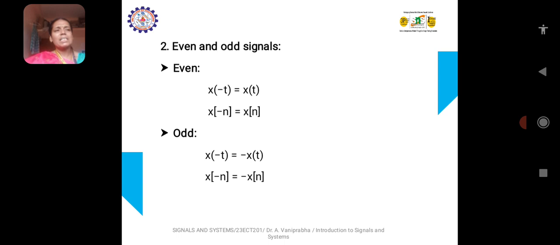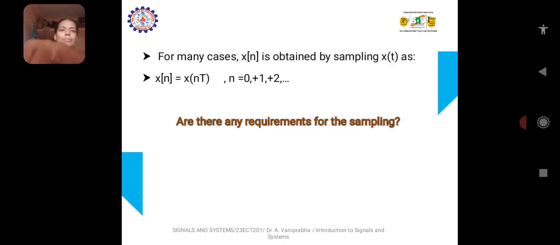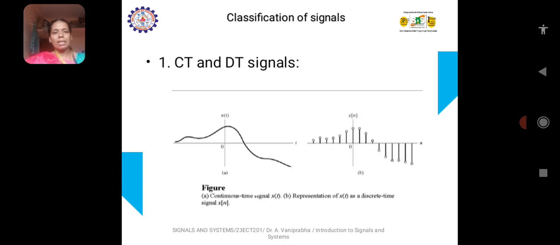How to understand this x of t and x of minus t? This minus t represents the negative part of the time axis, whereas plus t represents the positive side of the t axis. See, here we can see this drawing. You can see the bisection on the horizontal line, right? The left portion indicates the minus t and the right portion indicates the positive time.